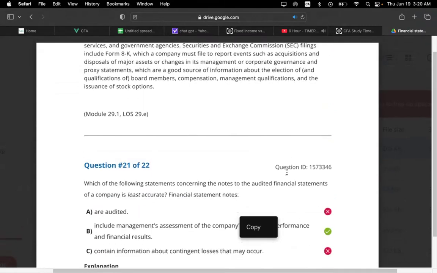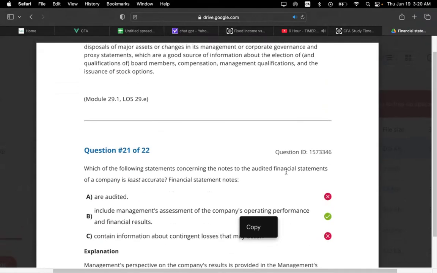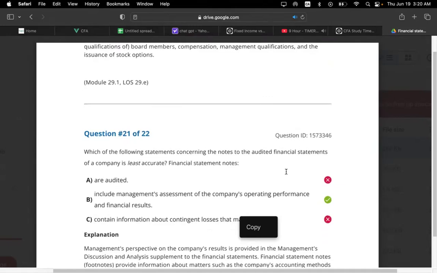Question 21. Which of the following statements concerning the notes to the audited financial statements of a company is least accurate? Financial statement notes are audited. This is accurate. They include management's assessment of the company's operating performance and financial results.